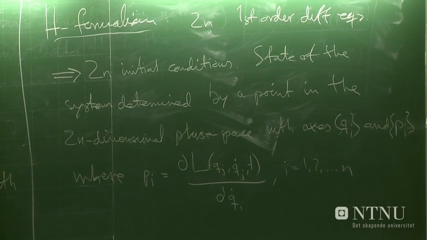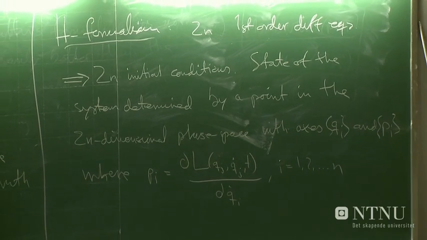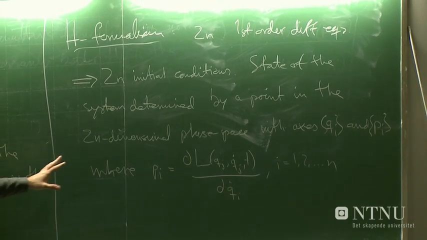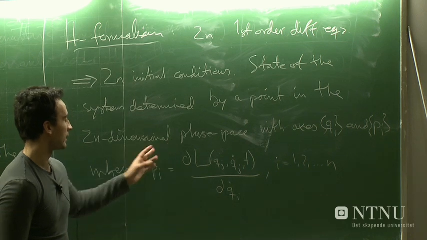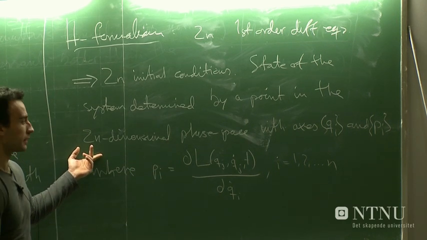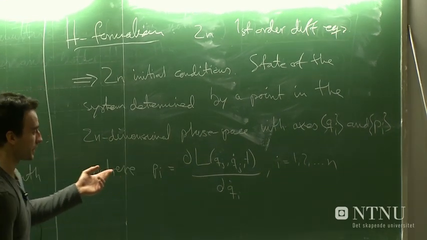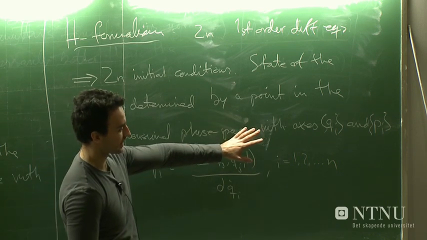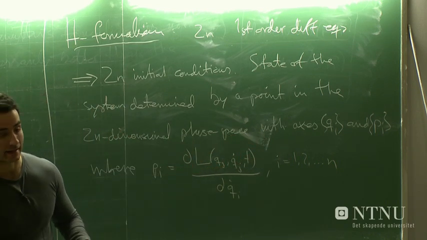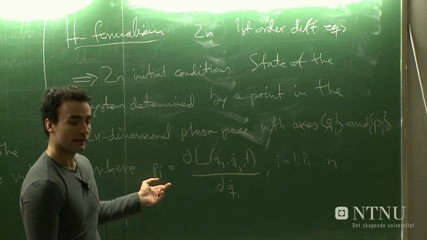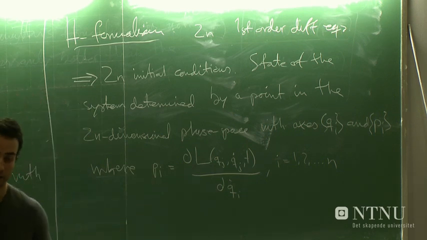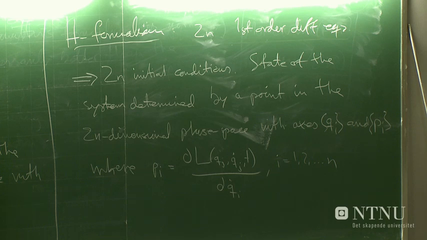The state of the system when using the Hamilton formalism will be determined by a point in a 2n-dimensional phase space spanned by the axes q_i and p_i, where p_i is a quantity we introduced in the previous lecture, namely the canonical momentum.